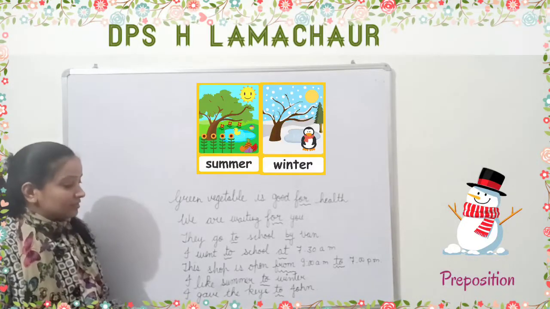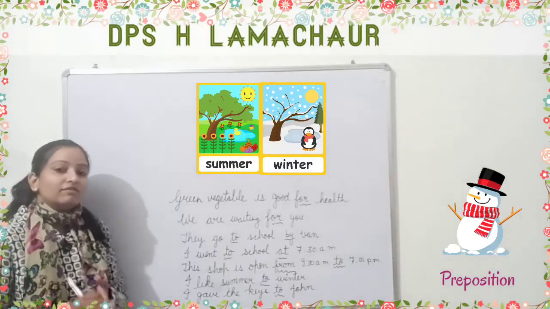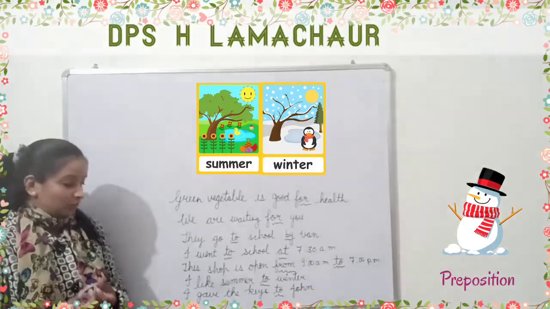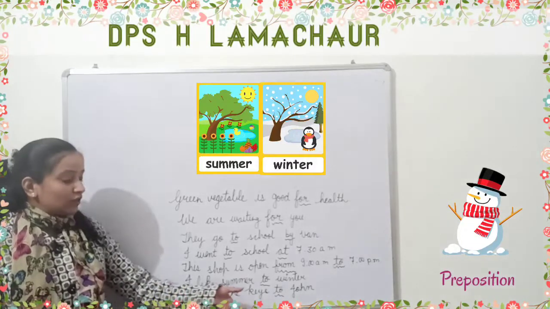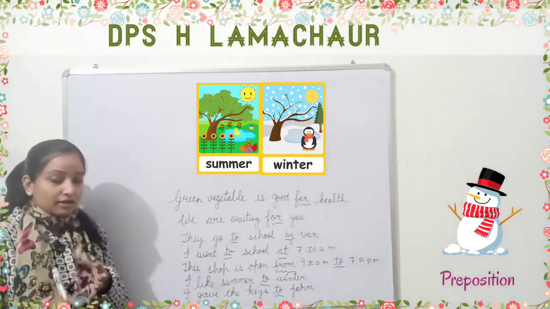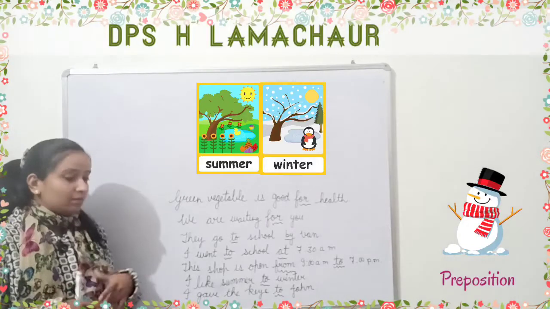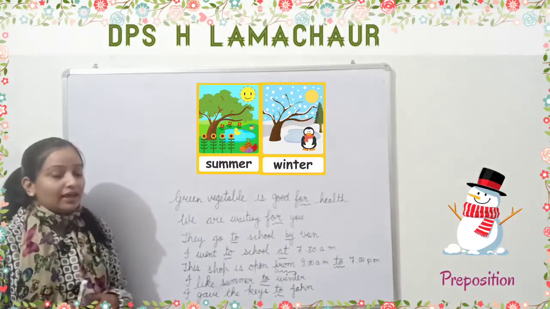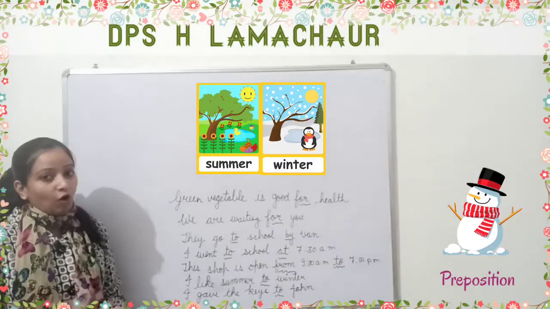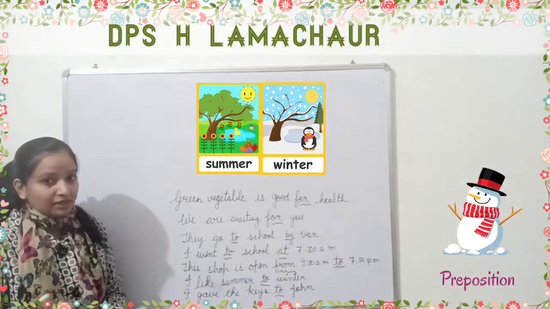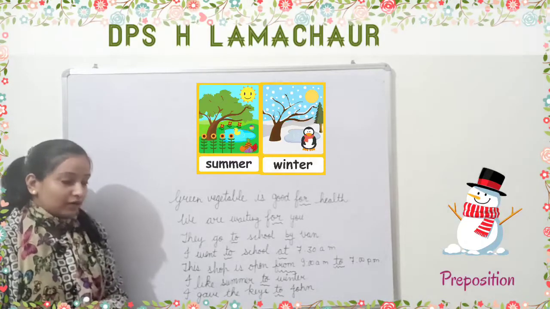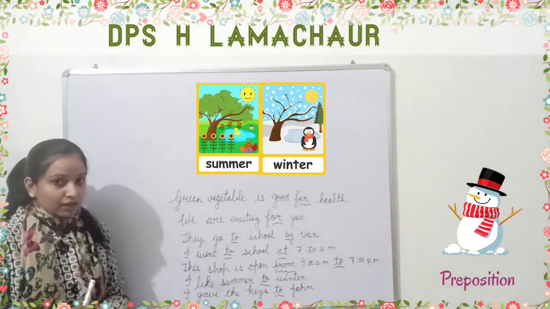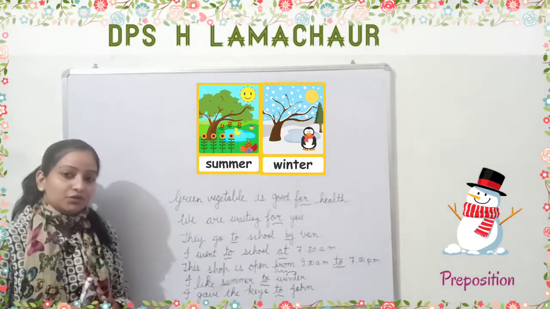I like summer to winter. Whenever we are talking about our preference, we also use to. I like summer to winter means I am comparing both of them and telling that I like one thing more. Then the other, like, I prefer coffee to tea. To show the preference, you use to.